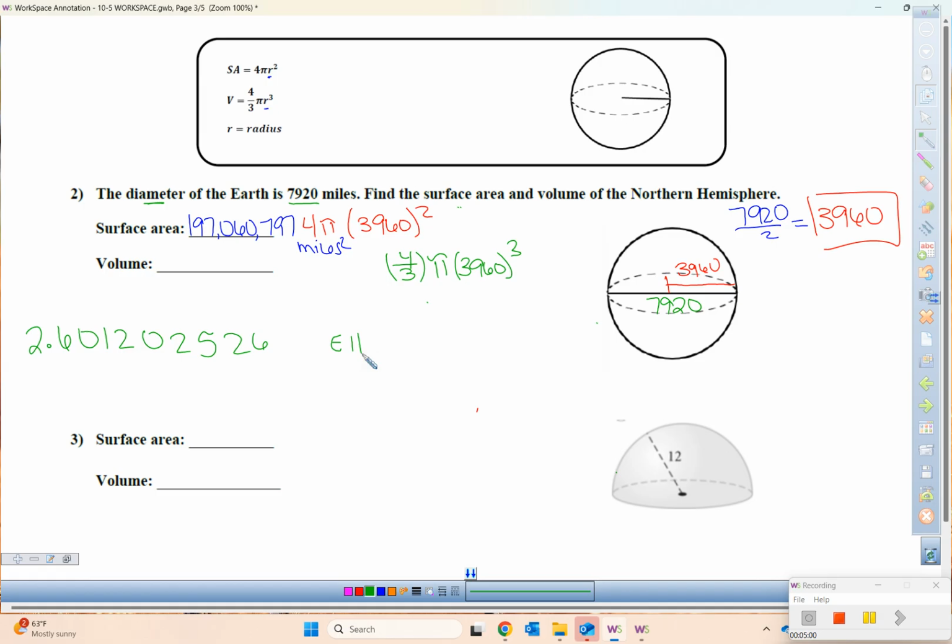You guys get that? When it comes up with this, what it means is the number is so big our calculators can't hold it. So the real number is you move your decimal place over 11 spaces. So we go 1, 2, 3, 4, 5, 6, 7, 8, 9, 10, 11.